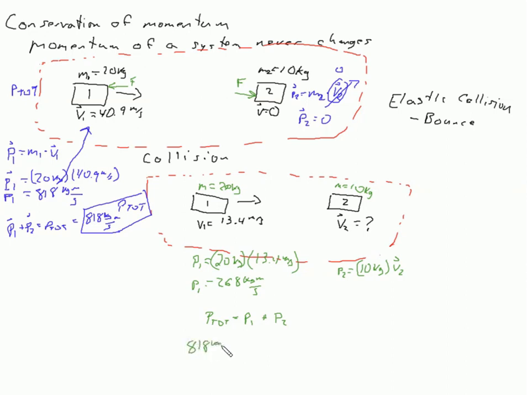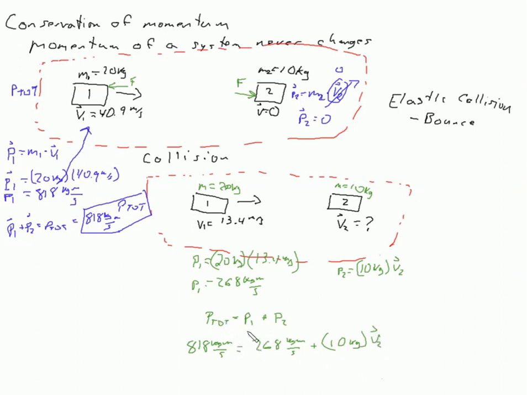So we know 818 kilograms meters per second equals my momentum of box 1, 268 kilograms meters per second, plus, in place of momentum 2, we're going to put 10 kilograms times that velocity that we don't know. That's what we're trying to solve for.